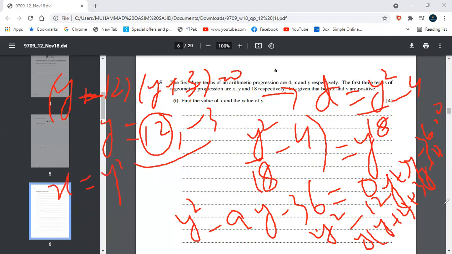y square upon 12. So what is the value of y? That is 12. The 12 square upon 8. So what will be the value of 12 square? 144 upon 8.